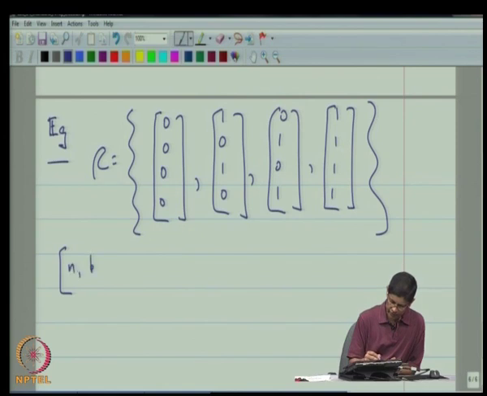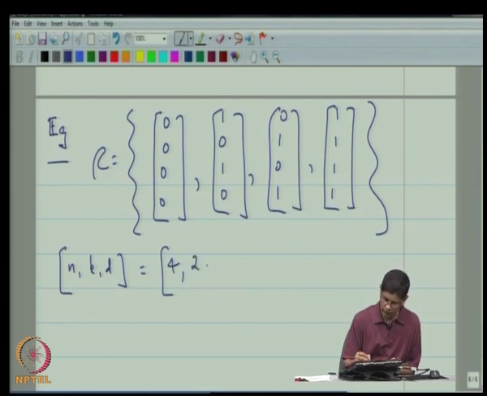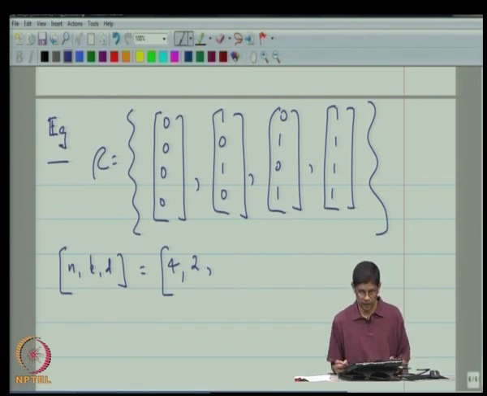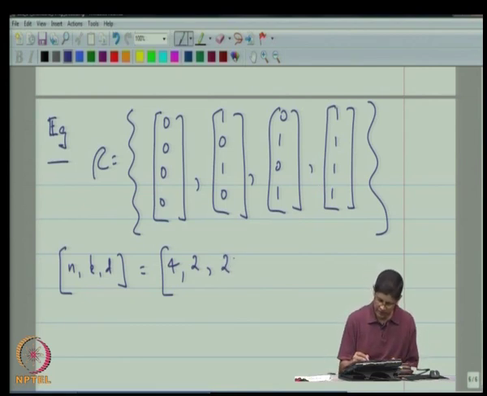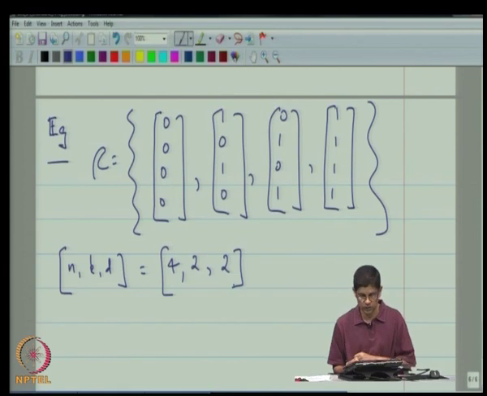The parameters n, k, d are given by 4, the dimension is clearly 2. It is easy to check that it is linear because you add any two code words and you get a code word, and the minimum distance is the same as the Hamming weight. So from that you can easily see that the minimum distance is actually 2. So, this is a 4, 2, 2 code.